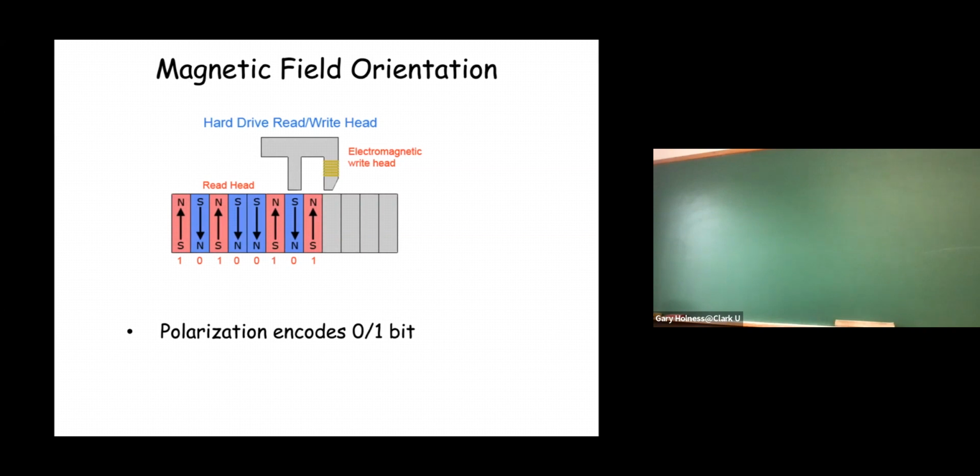And based on that orientation of the north and south pole, you can treat that either as a 0 bit or a 1 bit. Moreover, if you have a conductor that you pass by this magnetic field, you get what's called flux cutting electromotive force, or flux cutting EMF. And what that means is that this moving conductor has electrons inside of it on its valencies, and this magnetic field attracts it and gets those electrons to move.